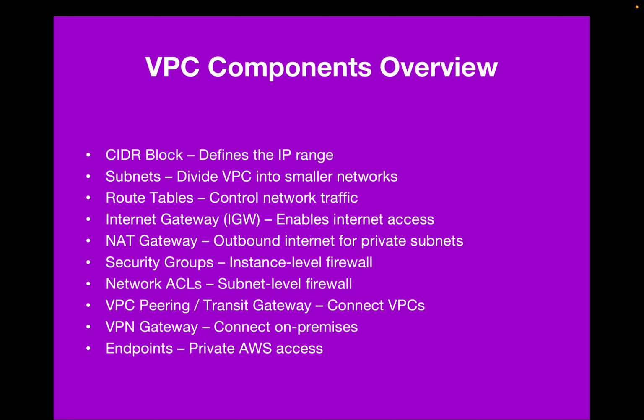A route table is also a kind of network traffic routing, and these are firewalls that will control what can come inside and what can go outside. There are two other components also, VPN gateway and endpoints, but those are advanced level components that we'll deal with later. So the list is just to give a brief overview of the different components.